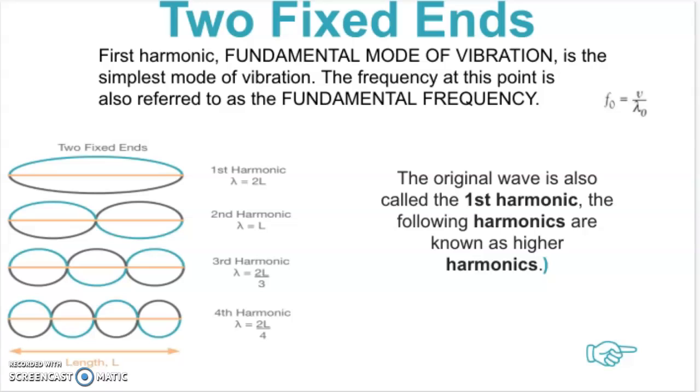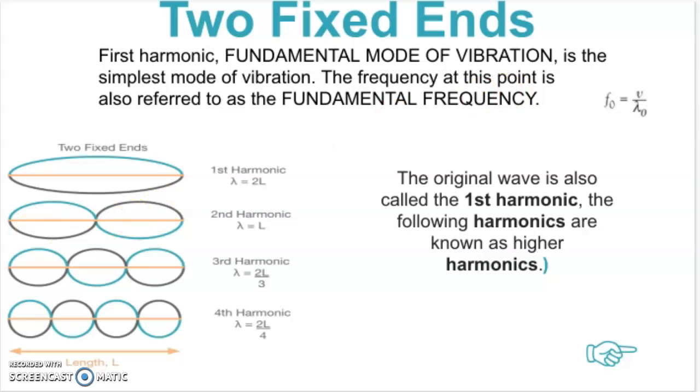of vibration. Now, the easiest form is always called the first harmonic, right? Or the fundamental frequency. So for 2 fixed ends, the first harmonic, which is the simplest form of the standing wave, will happen at a set frequency, and the frequency at which this harmonic is set up is called the fundamental frequency, right?